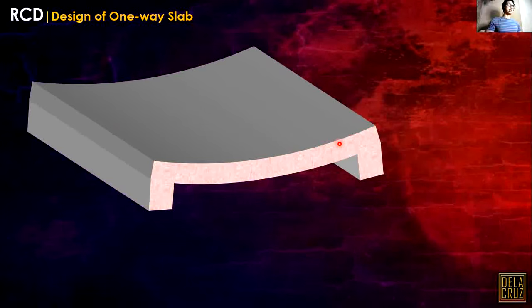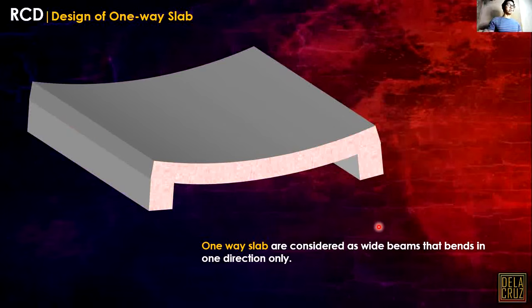Sa isang direction lang siya nag-bend. Okay, so it is resisting a bending moment about this direction. So this is the cross-section to be considered when mag-a-analyze tayo ng one-way slab. So basically, one-way slabs are considered as wide beams that bend in one direction only.